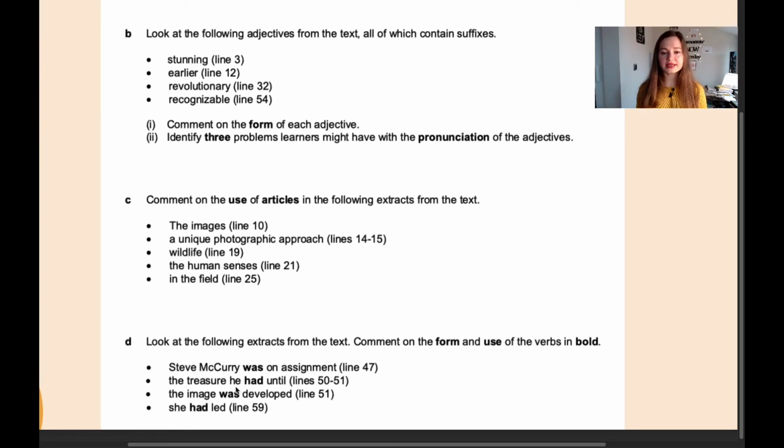The treasure he had until. We can see that had is irregular, past simple form, third person singular, main verb, as far as we can see, transitive, and we use it to express possession. Let's have a look at what we can easily come up with about was developed.